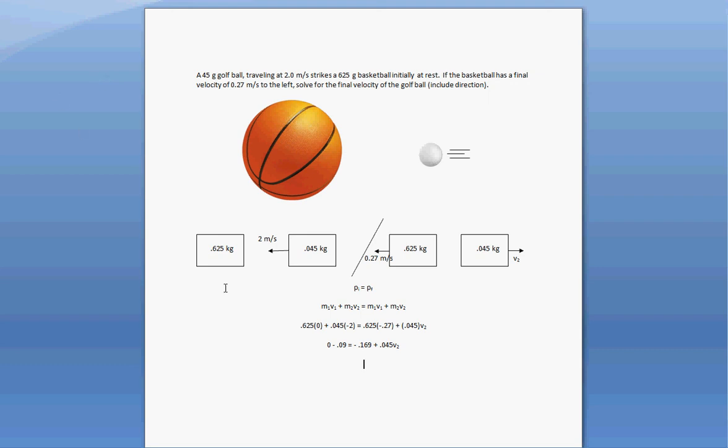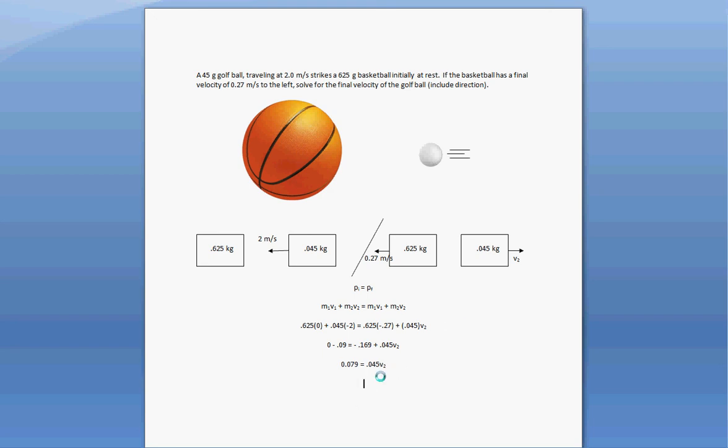So you're going to take this number, the negative 0.09, and bring that to that side. So negative 0.09 plus 0.169, so 0.079 equals 0.045 v2.